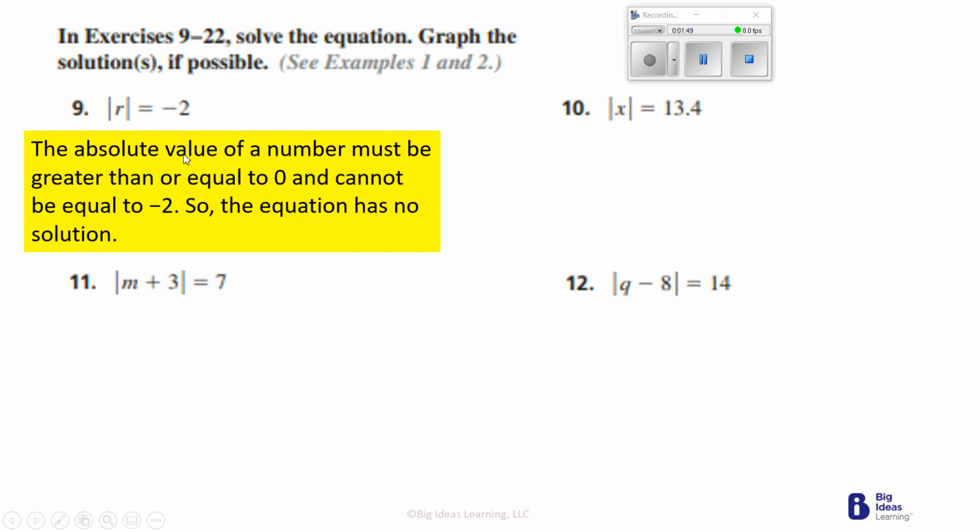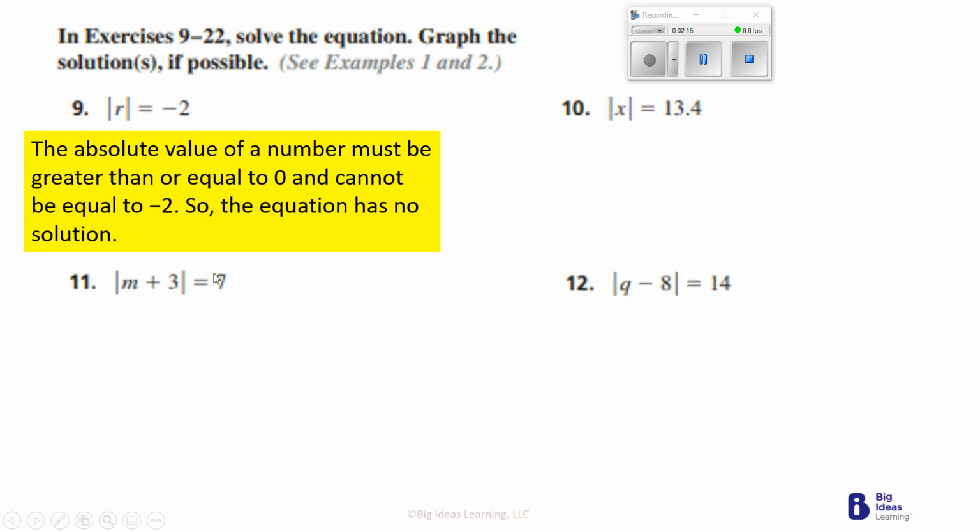So the absolute value of a number must be greater than or equal to 0 and cannot be equal to -2. So the equation has no solution. There's no way for this to happen because we know it's going to be greater than or equal to 0.